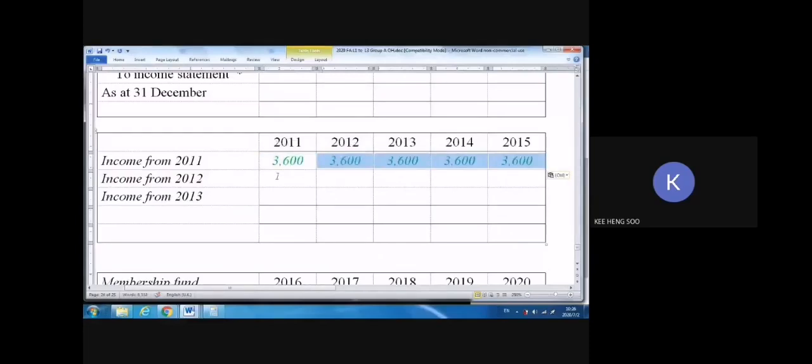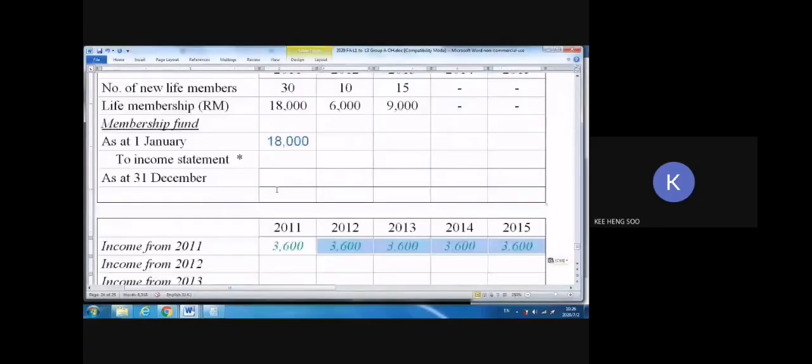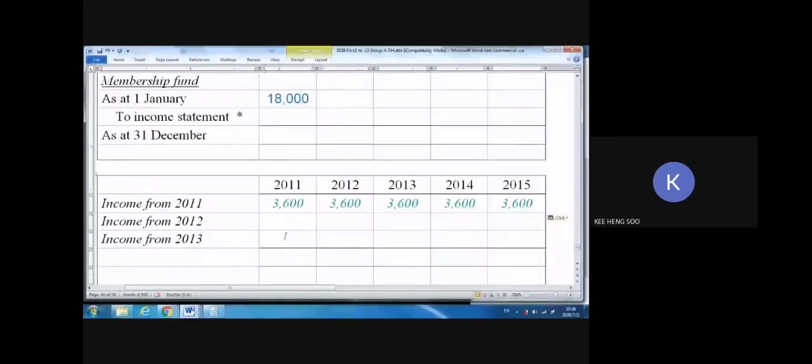You see your 3,600 over 5 years? So this will be 3,600.